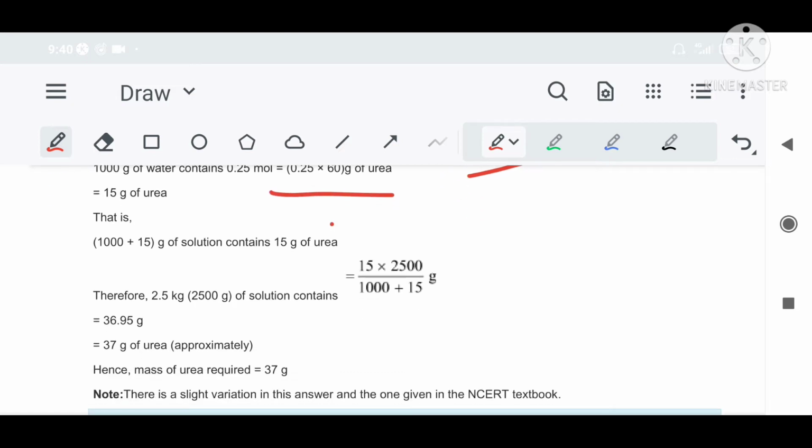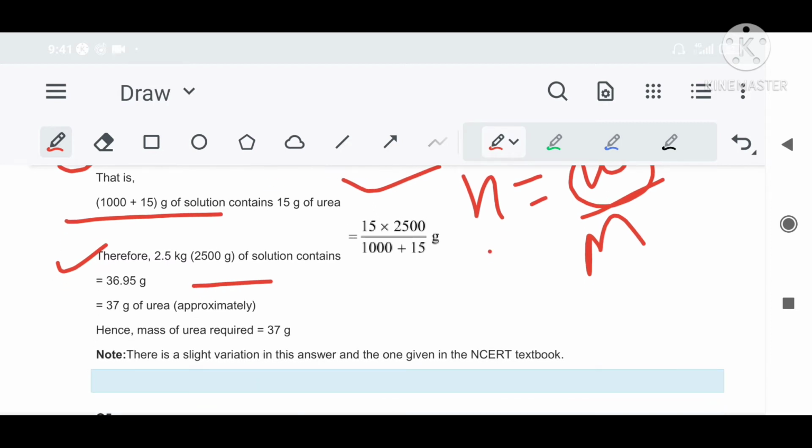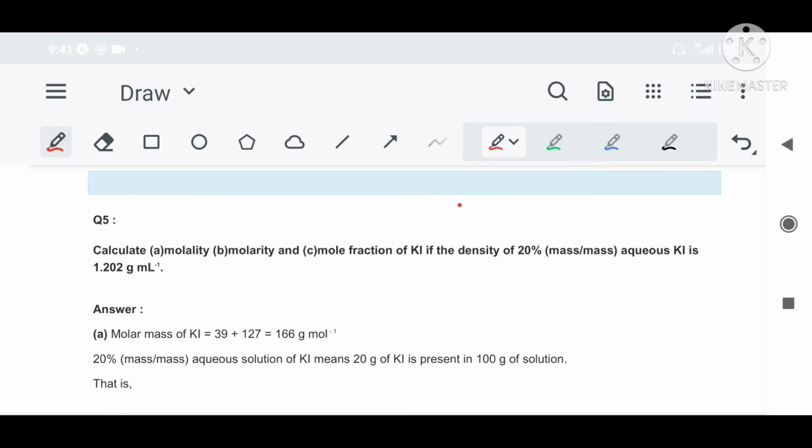So the gram weight we find out by the formula of mole, that is W upon M. So W we have to find out, that is 15 gram of urea. So 1000 plus 15 gram of solution contains 15 gram of urea. Therefore 2.5 kg means 2500 gram of solution contains 36.95, that is approximately 37 gram of urea. So this will be your answer.